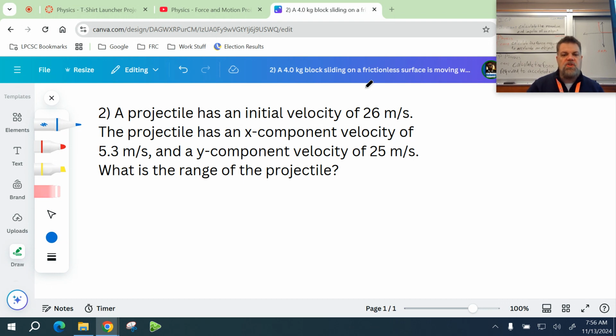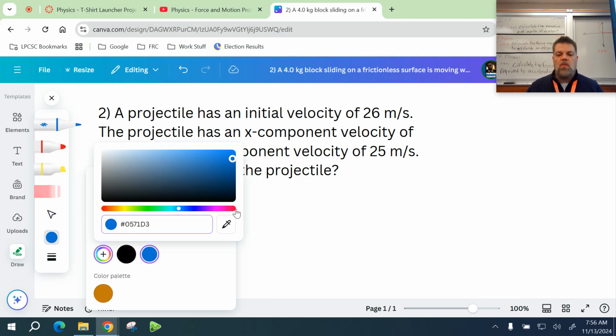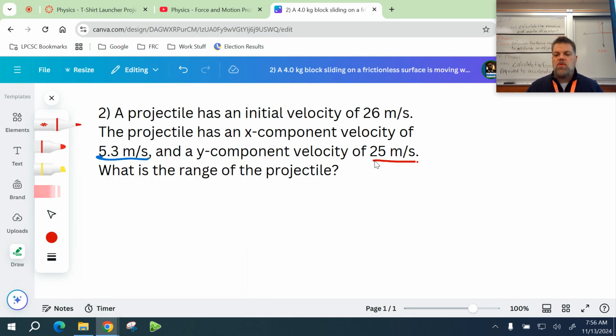But this one says a projectile has an initial velocity of 26 meters per second. The x component velocity is 5.3 and the y velocity is 25 meters per second.